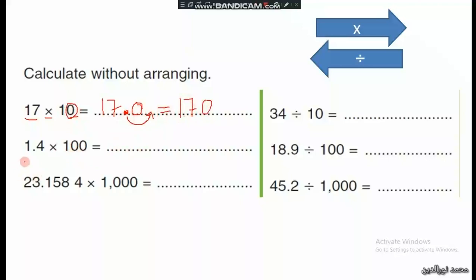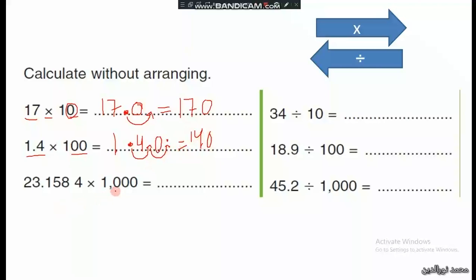Then we have this example, 1.4, and we are multiplying by 100, so we have two zeros, so we move the decimal point 2 steps to the right. The decimal point becomes here, and here we put 0, so it becomes 140.